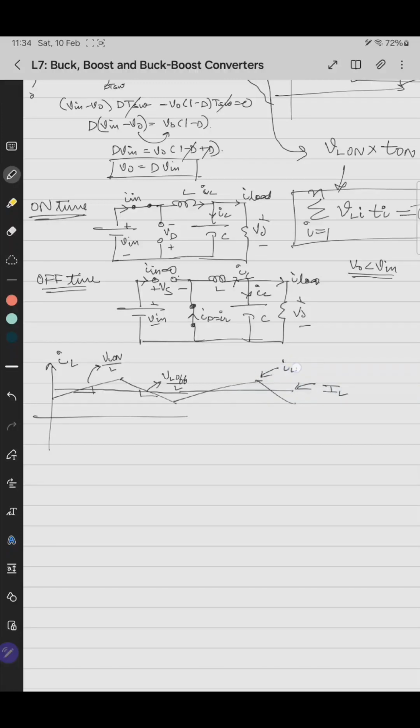This is IL max, this is IL min, and this whole thing is the peak to peak ripple, that is delta IL, peak to peak ripple.